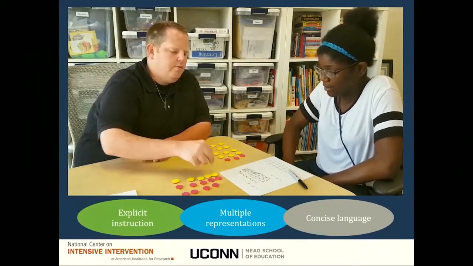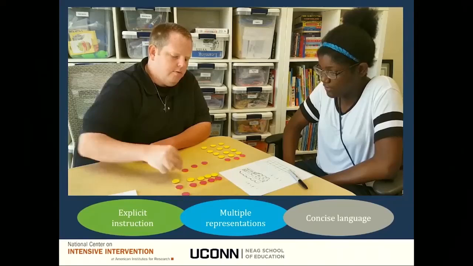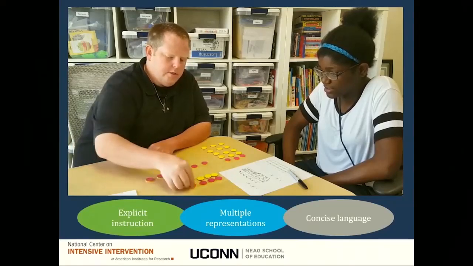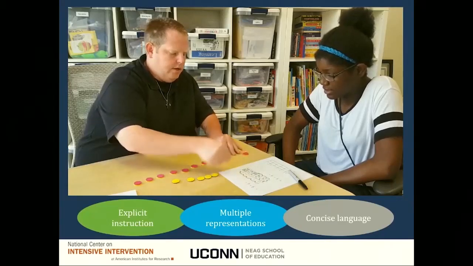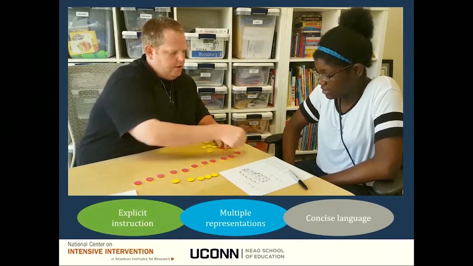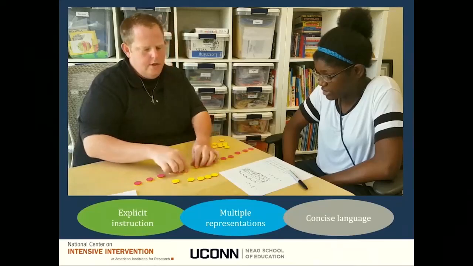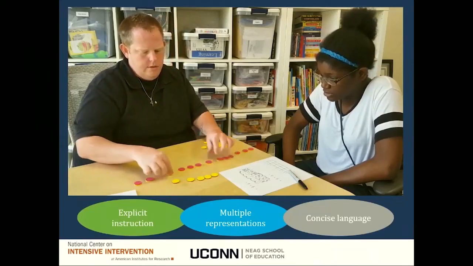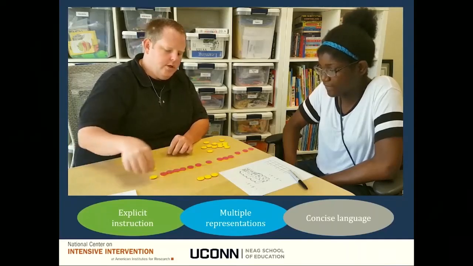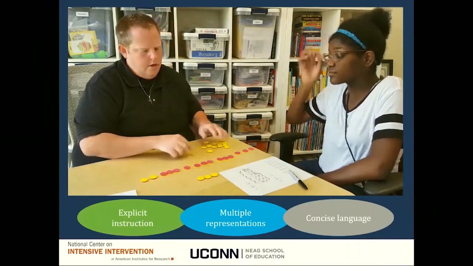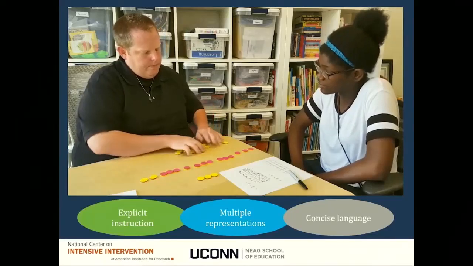So let's count. 1, 2, 3, 4, 5, 6, 7, 8, 9, 10, 11, 12, 13, and we're going to use the yellow ones as placeholders, 14 and 15. All right, so let's see.